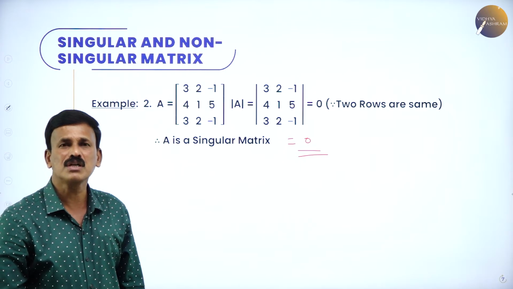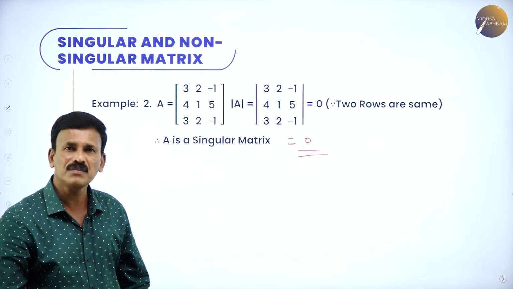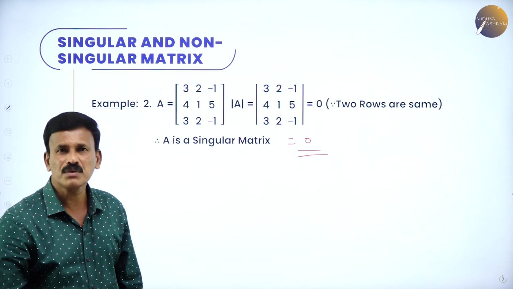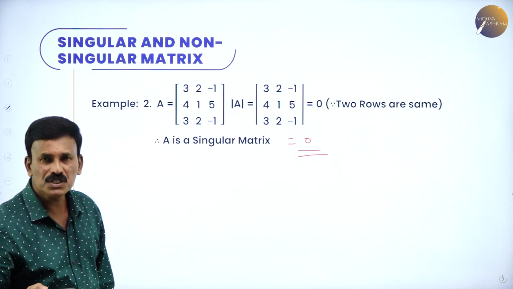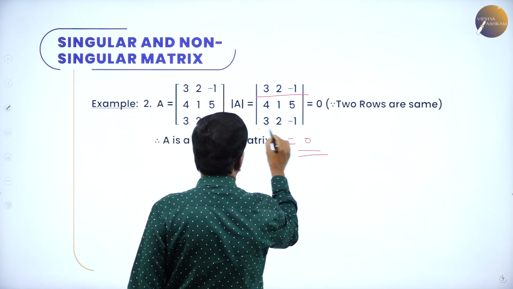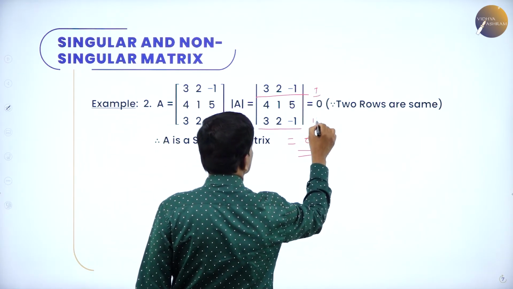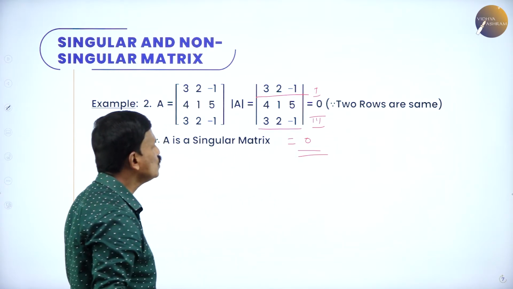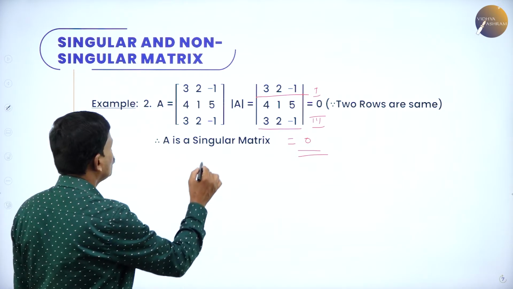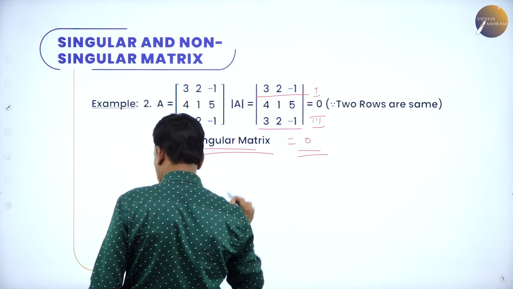If 2 rows or 2 columns are the same, then the value of a determinant is equal to 0. Here the first row and third row are the same, therefore the value of the determinant is equal to 0. Therefore, this is an example for a singular matrix.